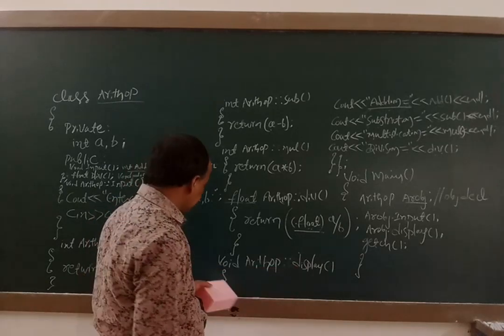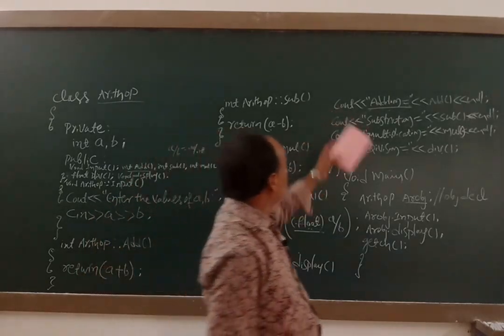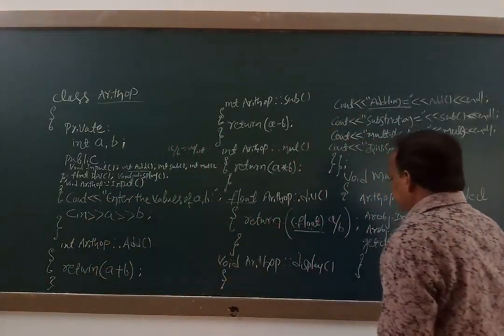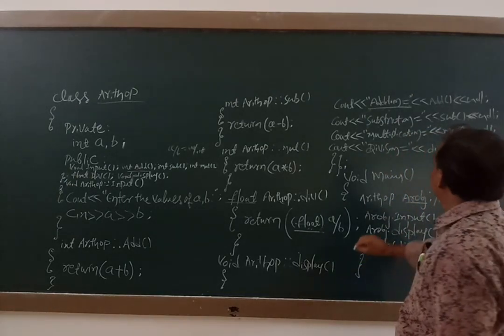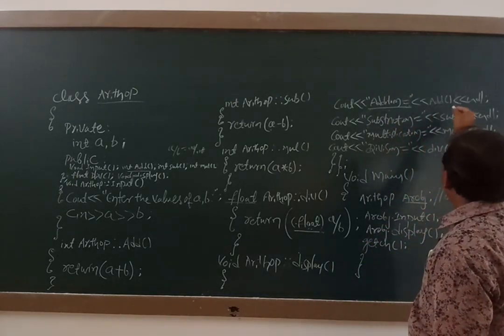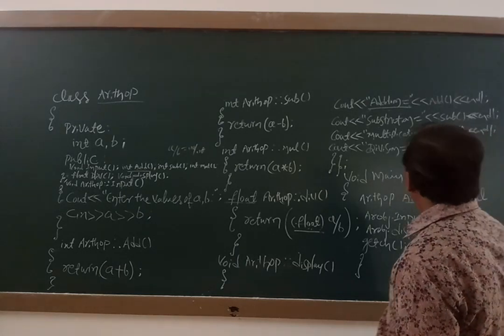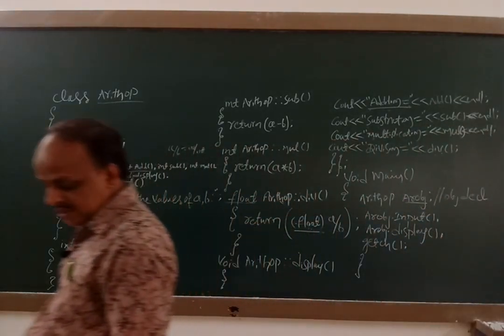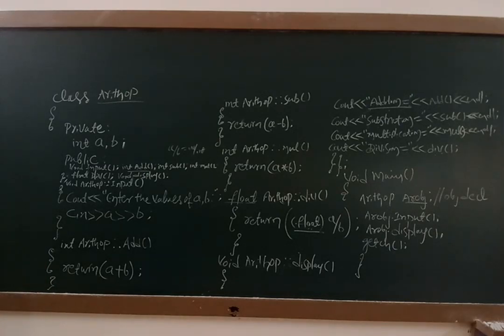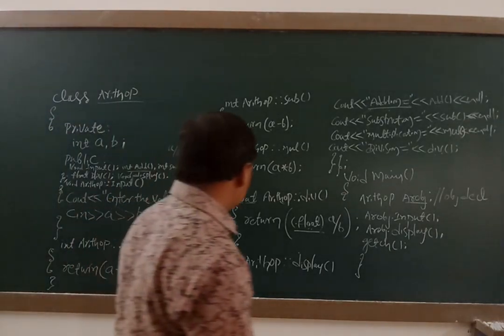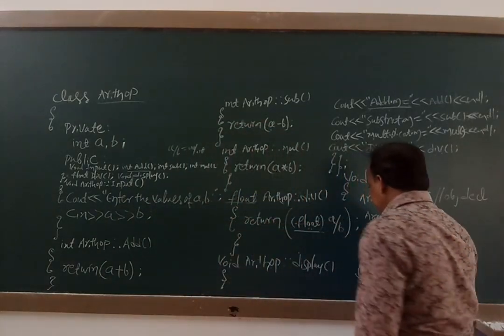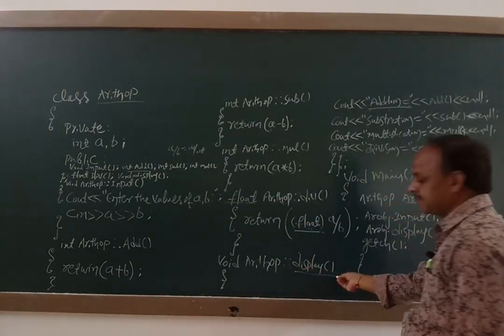Okay, in the display function write the code. So here addition is equal to add function. Addition is equal to add function. Here, means this is one member function, right.